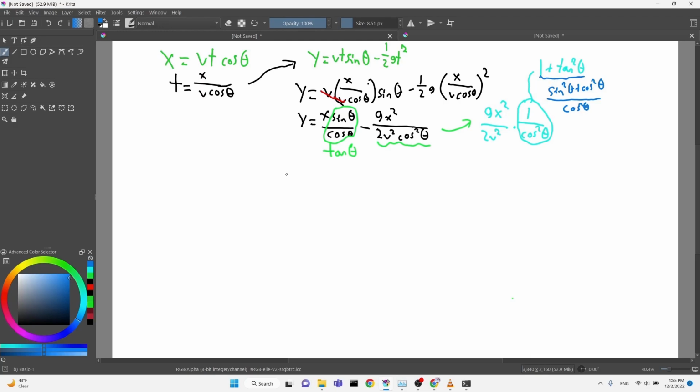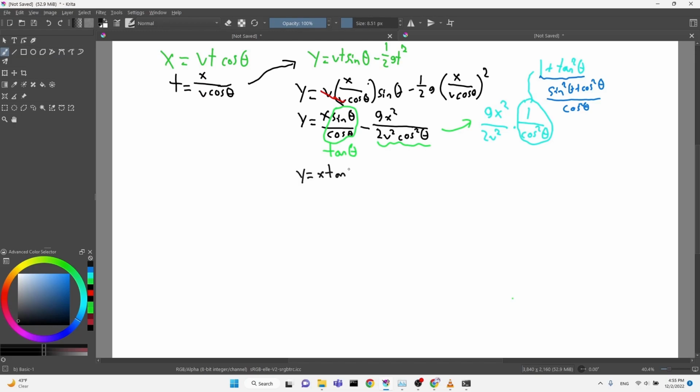We have this times 1 plus tangent squared theta, right? Now we could actually start simplifying this a bit. Now we have y equals x tangent theta, right?